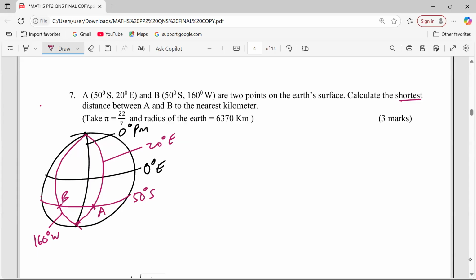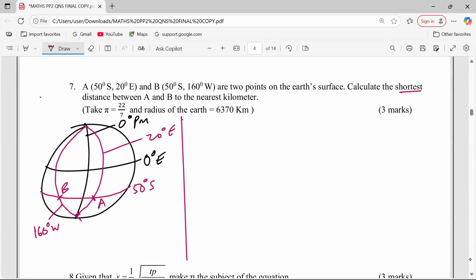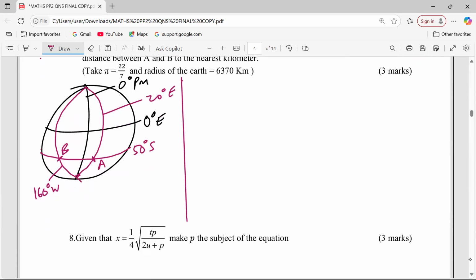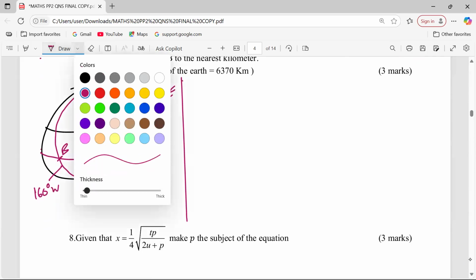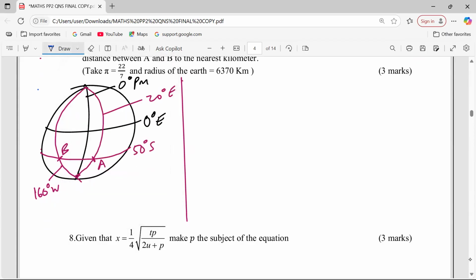From A, we shall pass through the South Pole, then down to B. If they were in the Northern Hemisphere, we would have done the same, but through the North Pole.